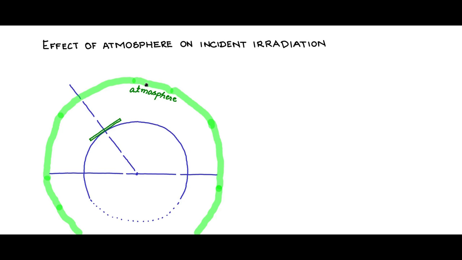Ozone layer also plays a very important role in absorbing the high frequency incident radiation, especially the ultraviolet and the higher frequencies of the visible radiation. There is quite significant absorption by the ozone layer.